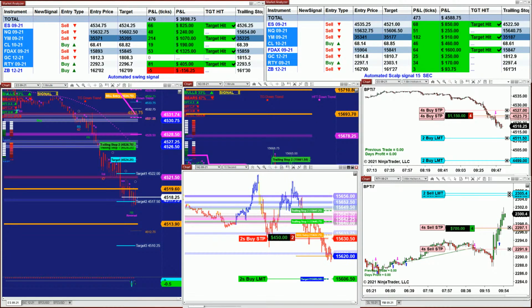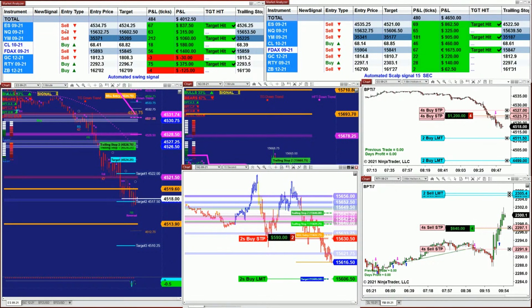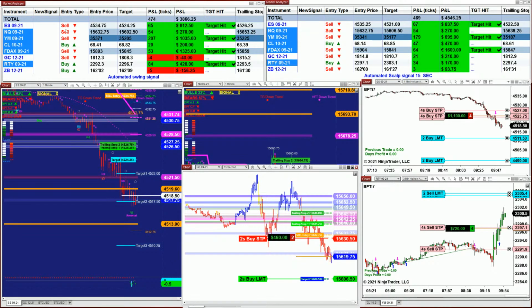So now the Nasdaq is going in the same direction as the ES. At the opening hours, the ES was going in one direction and the Nasdaq in another, and then it finally gave in just a few minutes ago, and now the YM is also going in the same direction.